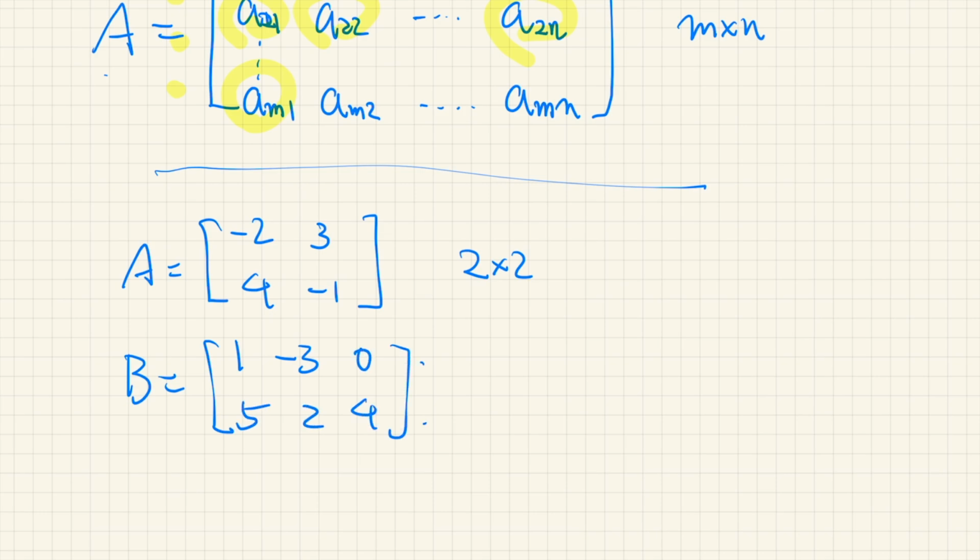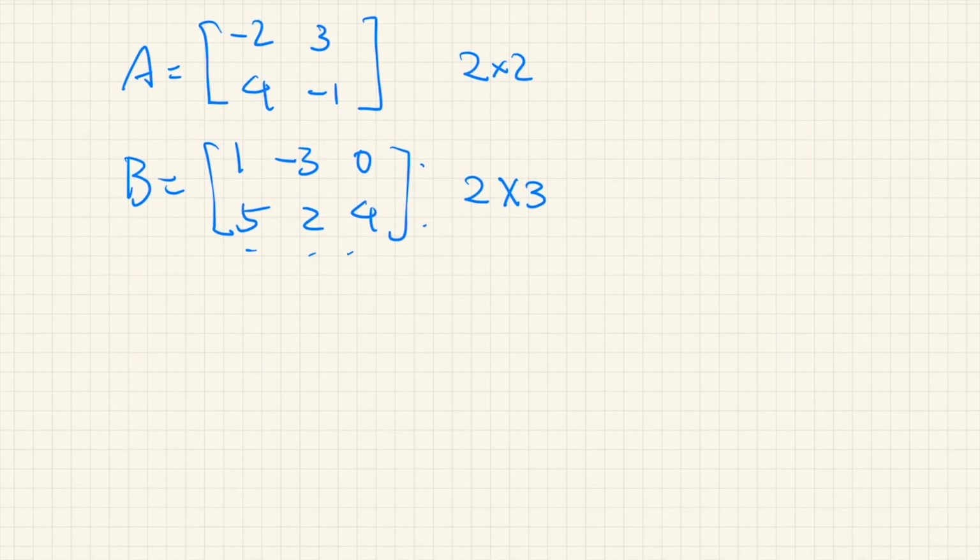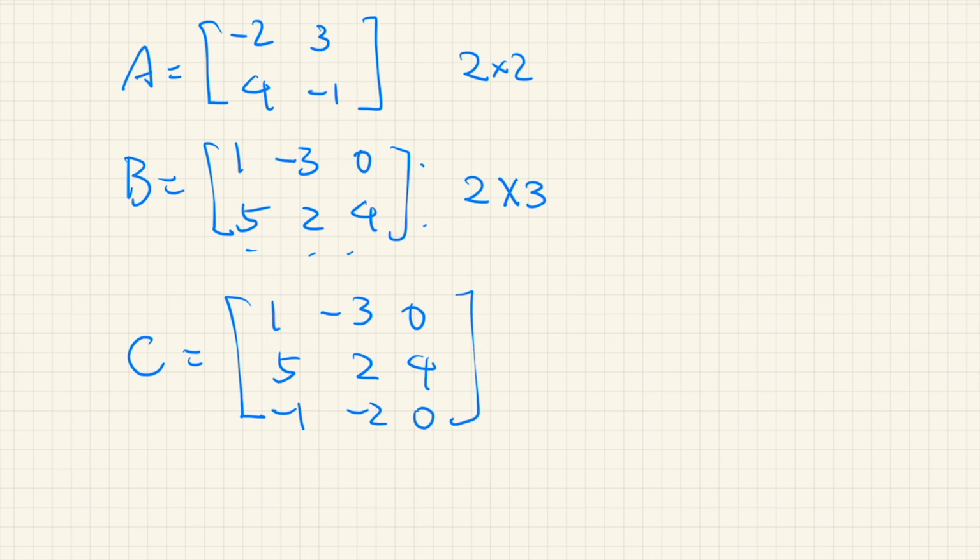In this case, there are 2 rows and 3 columns, so this is a 2 by 3 matrix. And another example, let's say C is made of 1, -3, 0, 5, 2, 4, -1, -2, 0. This is an example of a 3 by 3 matrix.